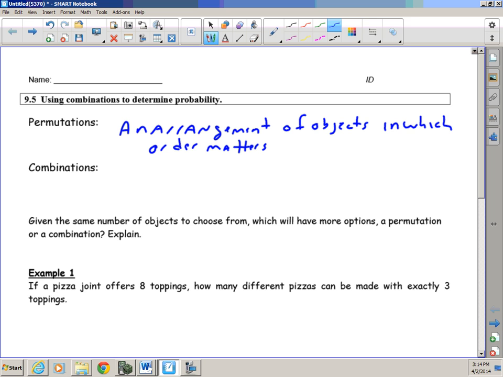Now what we want to cover today is a situation where the arrangement doesn't matter in terms of the ordering. So that is called a combination. A combination is an arrangement of objects in which order doesn't matter.